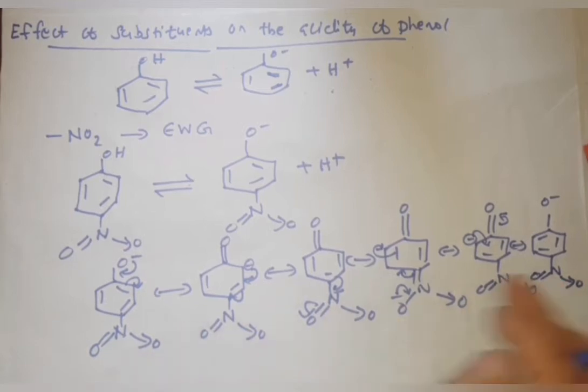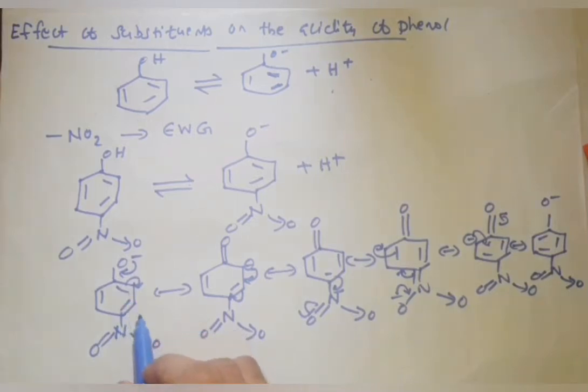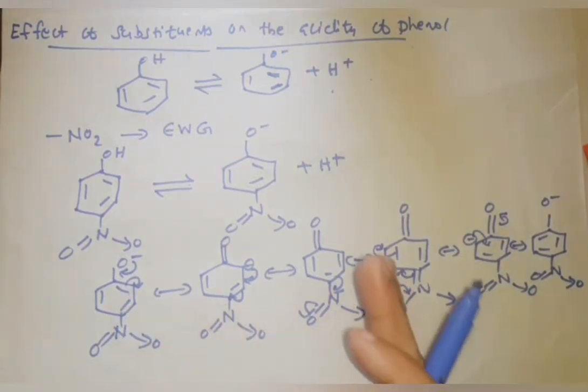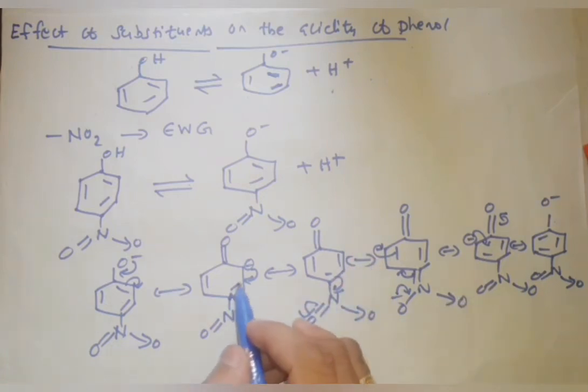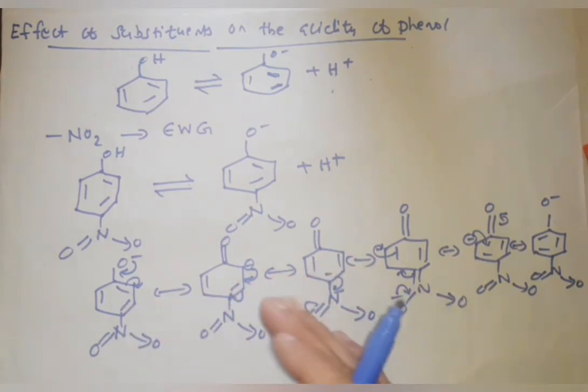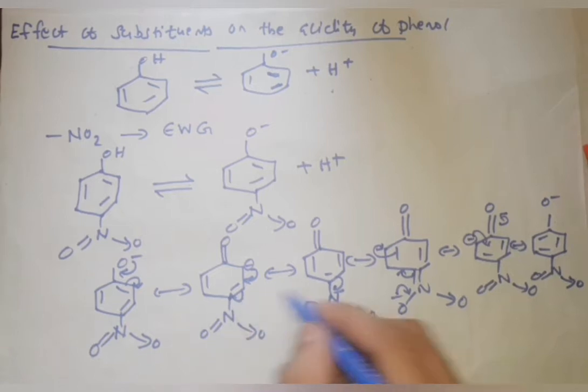So these are the different resonance structures of para-nitrophenoxide ion. Here the NO2 group enhances the stability of the phenoxide ion through the dispersal of negative charge.